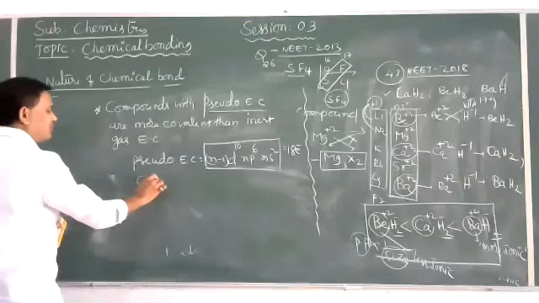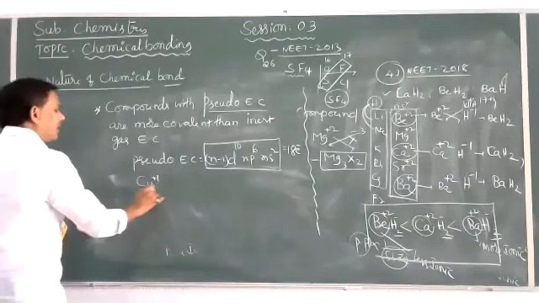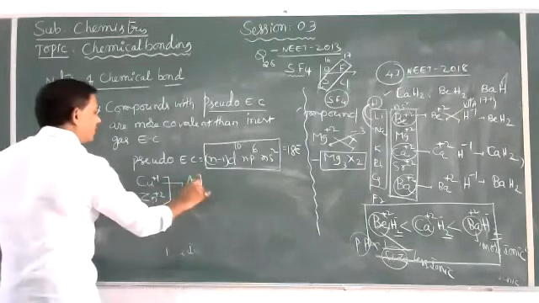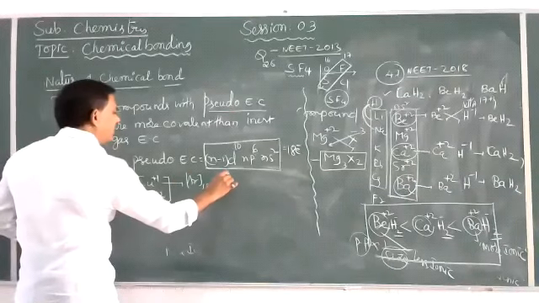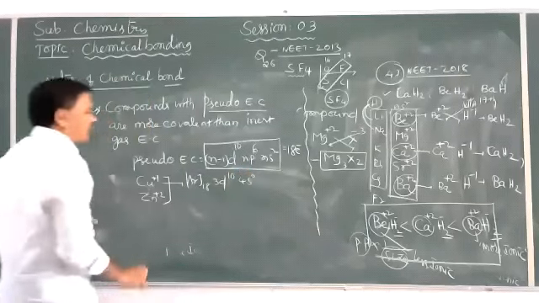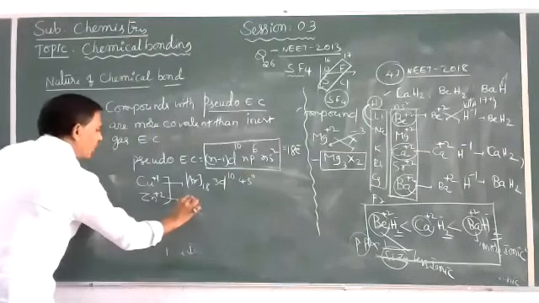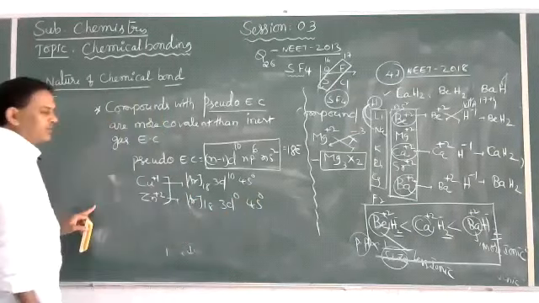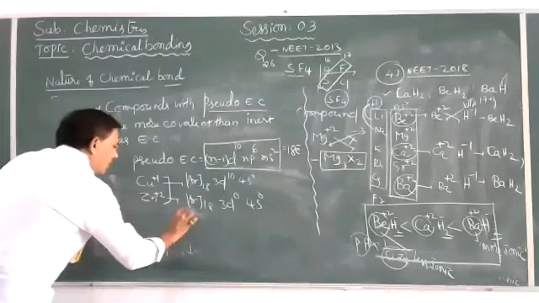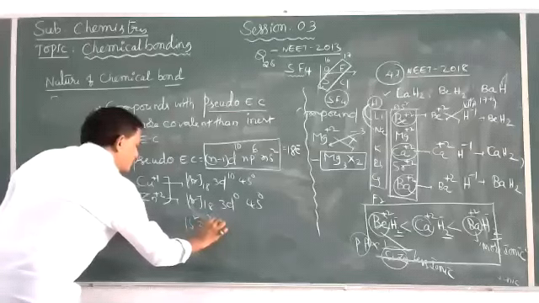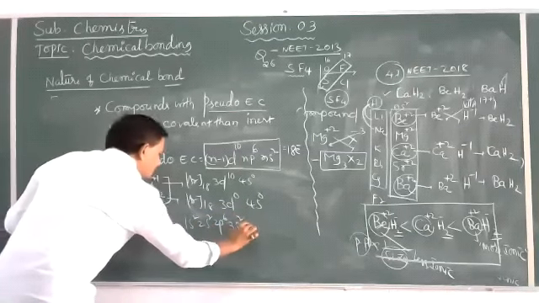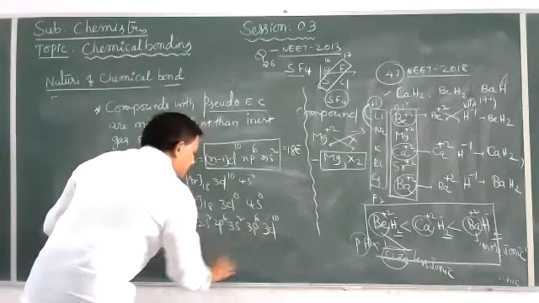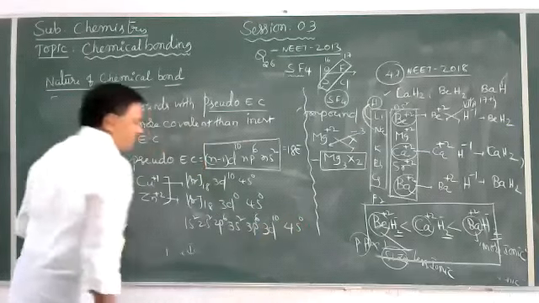Generally, Cu+ and Zn2+ have a pseudo-inert gas electronic configuration. This is argon 18, your 3d10 4s0 electronic configuration. Argon means here we can write 1s2, 2s2, 2p6, 3s2, 3p6, 3d10 and 4s0.